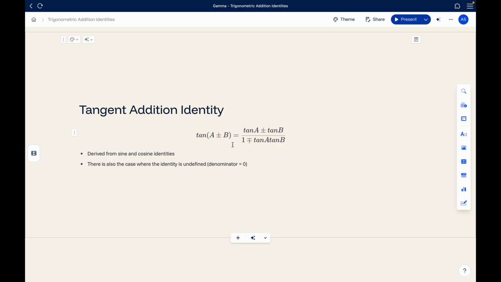There can be cases where the identity is undefined, where the denominator is equal to 0, but for the purpose of this video, that really won't be necessary to know, as we're just going to be solving some regular basic problems, just to get you the gist of it.